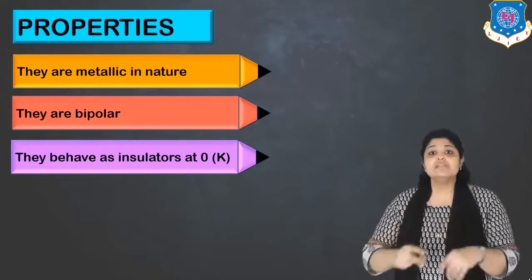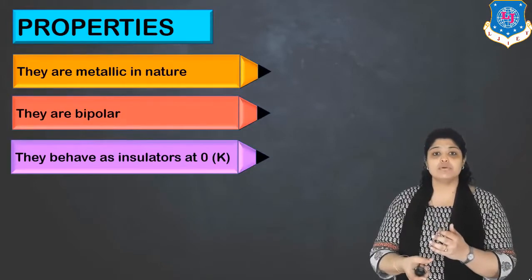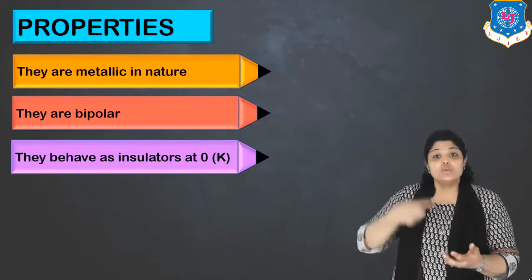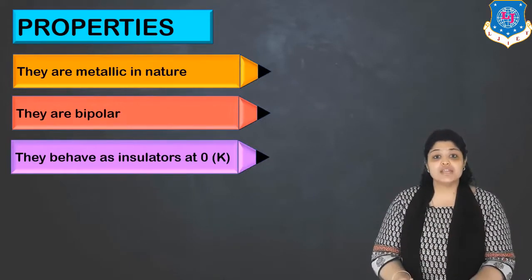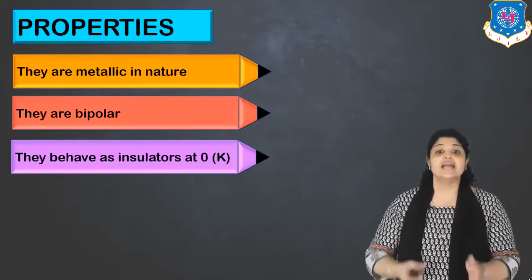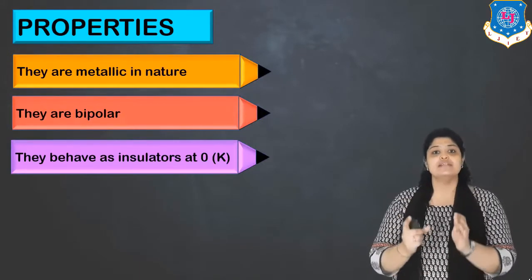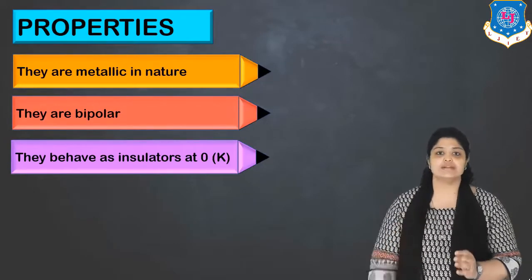But 0 Kelvin means no external energy. There is no energy for the breakage of covalent bonds. And so no electron will move to the conduction band. No electron is set free. And because there are no free electrons, there is no conductivity. And so at 0 Kelvin temperature, we say that semiconductors behave as insulators.